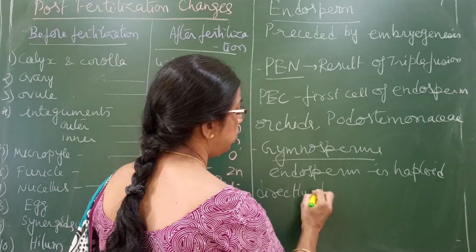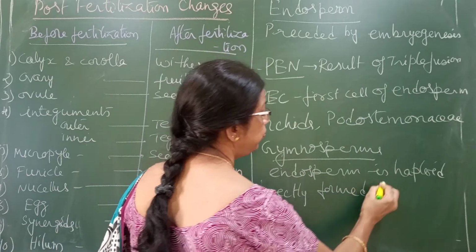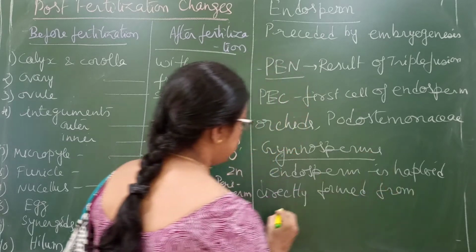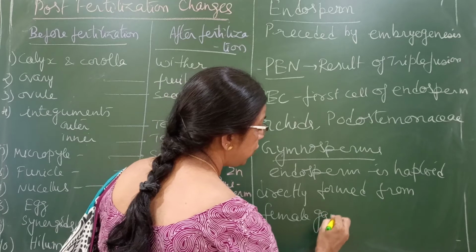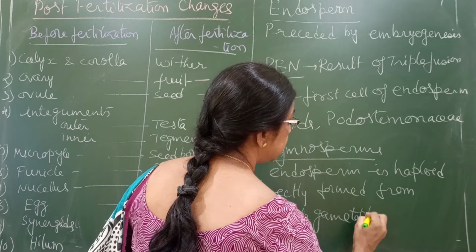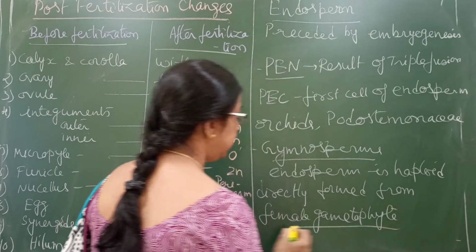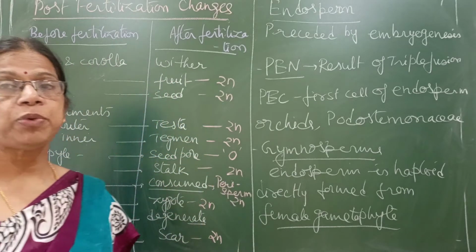That's why we consider here the endosperm is haploid.